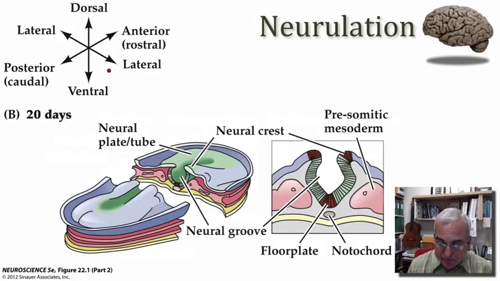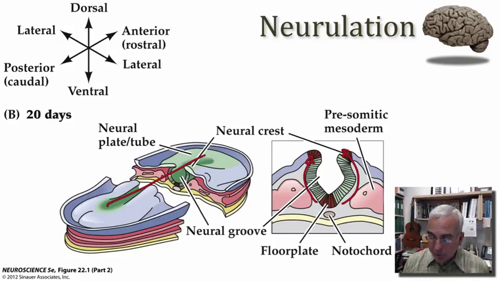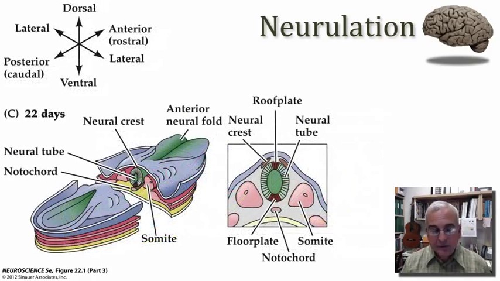This begins with the formation of a groove that runs the anterior to posterior length of the embryo just above the notochord. And as the walls of this neural tube begin to grow out, they begin to come together along the dorsal midline. We can see that process transpiring over weeks 3 into week 4 in human embryogenesis.